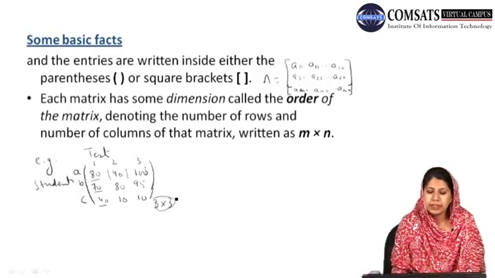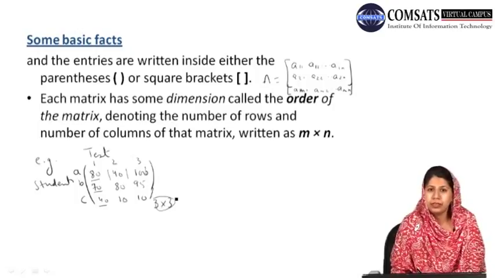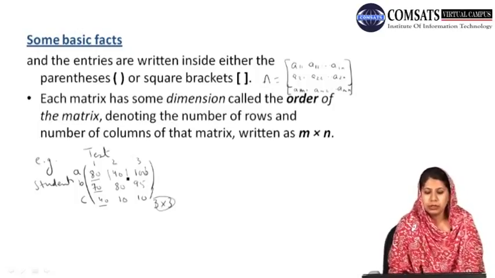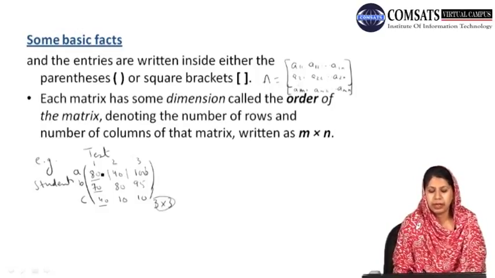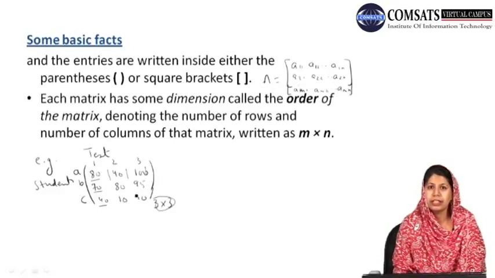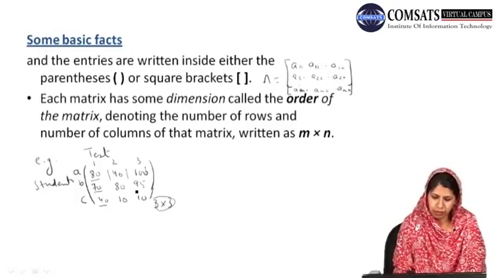So order basically tells us how many entries are to be enclosed within the brackets. If the order is 3 by 3, it means that the matrix will have 3 rows and 3 columns, and we will have 9 entries in total.